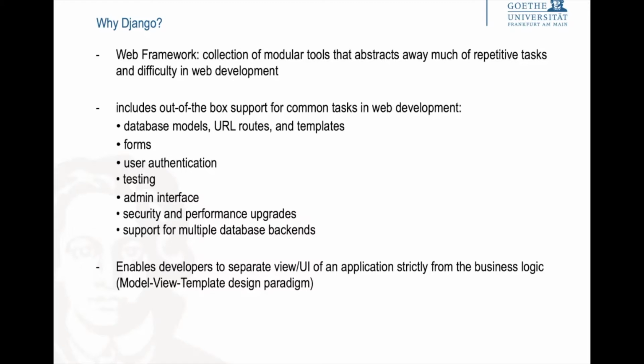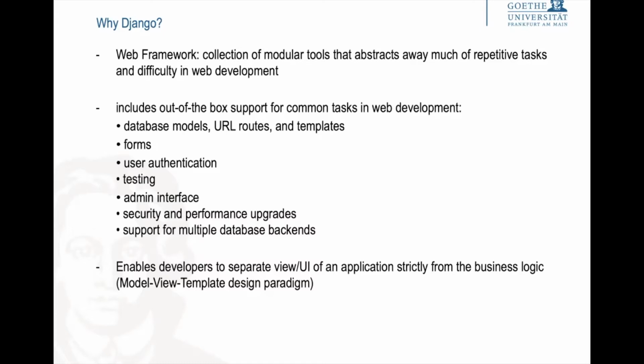The most important ones, those that you probably need in every web application, are database models, URL routing, and forms, for example. Those are provided out of the box, and you will see me talking more about those in the rest of the presentation.